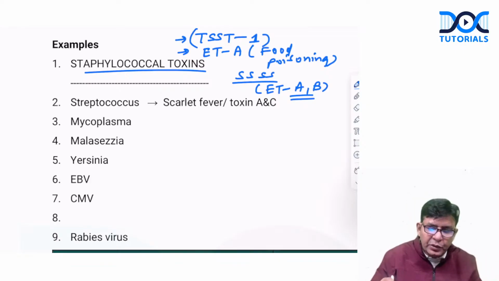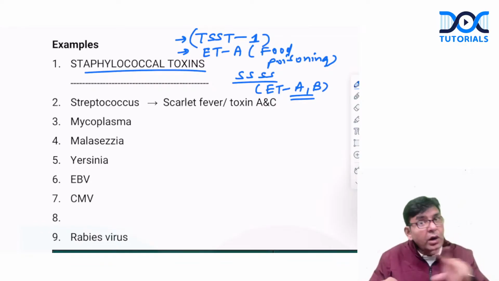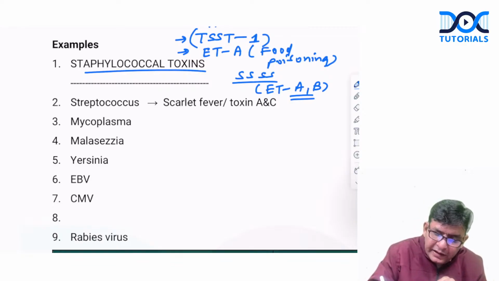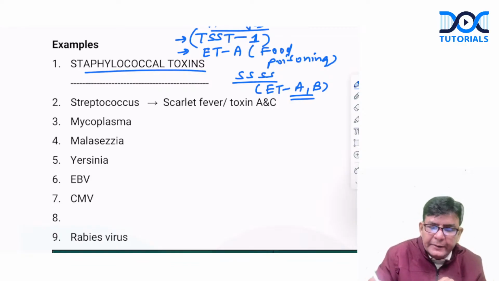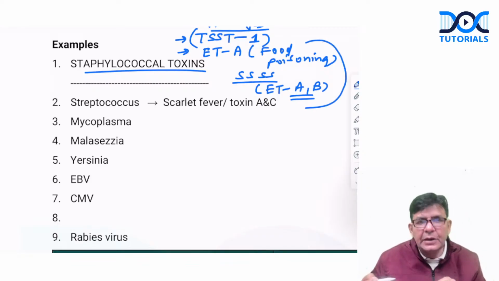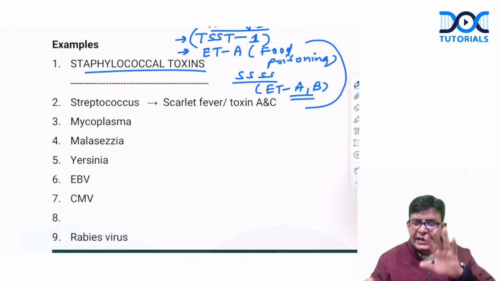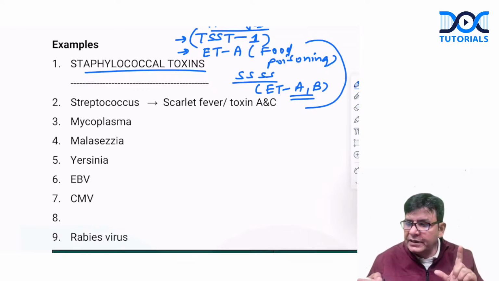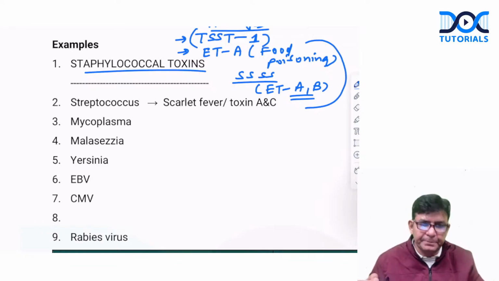So basically, these staphylococcal toxins are all capable of inducing superantigenicity. TSST-1 is always a superantigen, and the others may be superantigens, like those of food poisoning and staphylococcal scalded skin syndrome. I suppose this is clear.